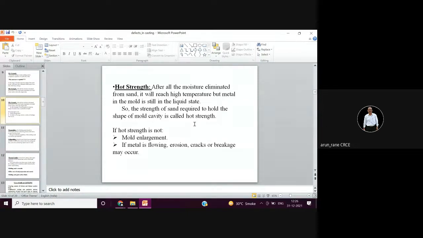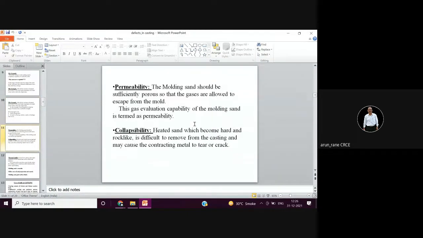Permeability, meaning porosity. Collapsibility means the sand should be able to collapse so that the component can be taken out.